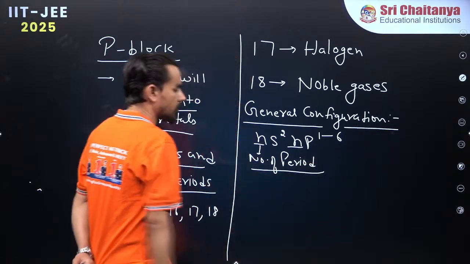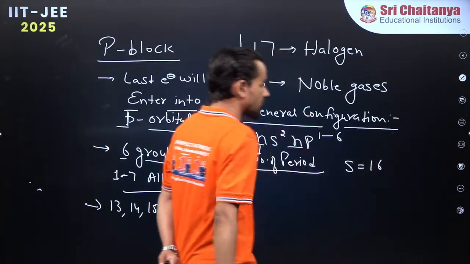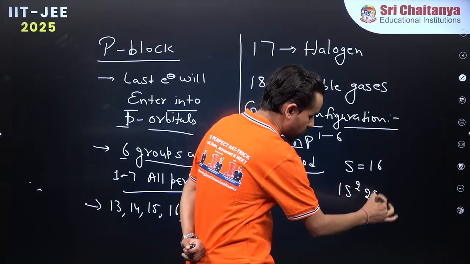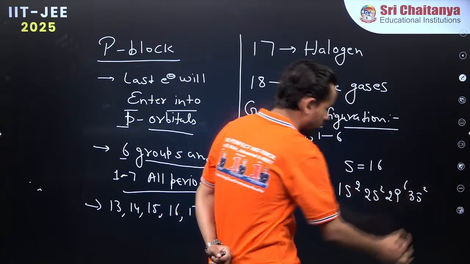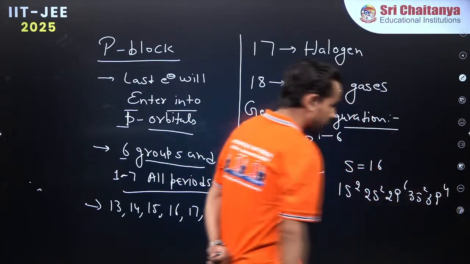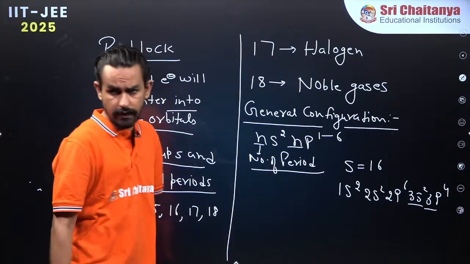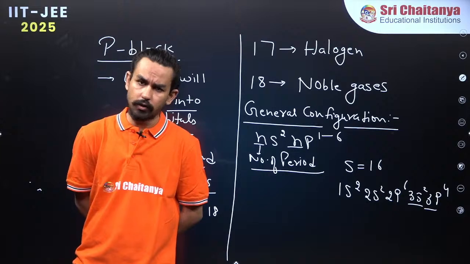For example, you can think of sulfur, that is atomic number 16. What will be the configuration? 1s2, 2s2, 2p6, 3s2, 3p4. Now see, it is a third period element, so 3s2, that is ns2, and np4, that lies between 1 to 6.